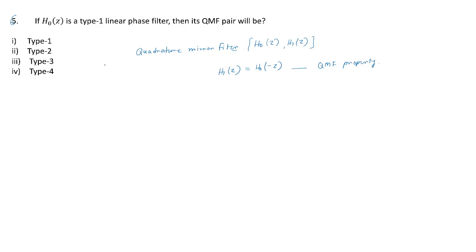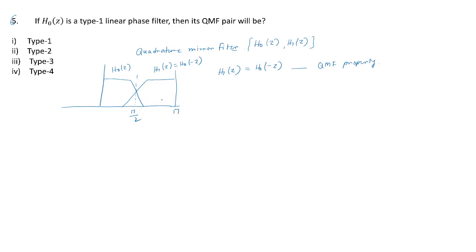We have also drawn the frequency spectrum there in the previous question, somewhat like this. If this is the response of H0(z), then this QMF counterpart has a response like this, H1(z), which is H0(-z), a shifted version by pi, and there is a symmetry corresponding to frequency pi by 2.